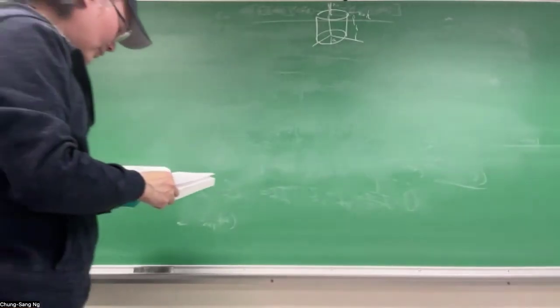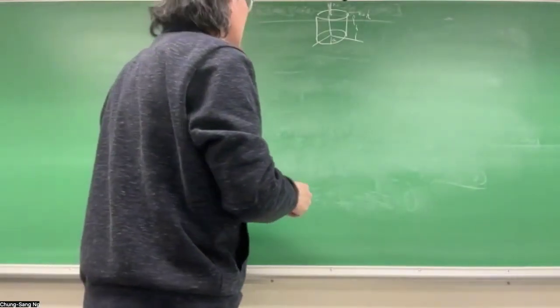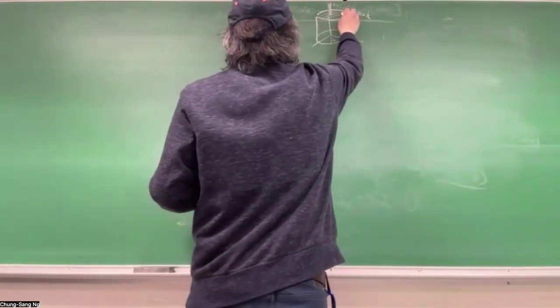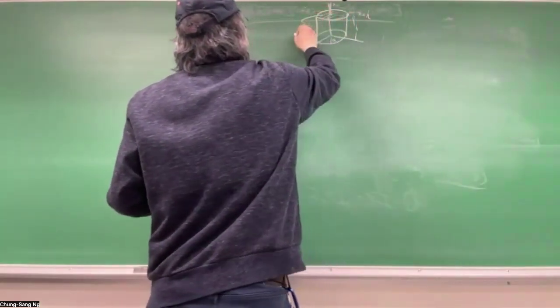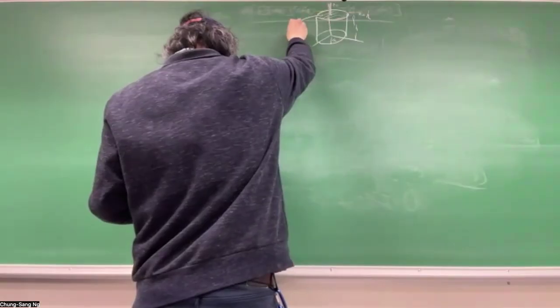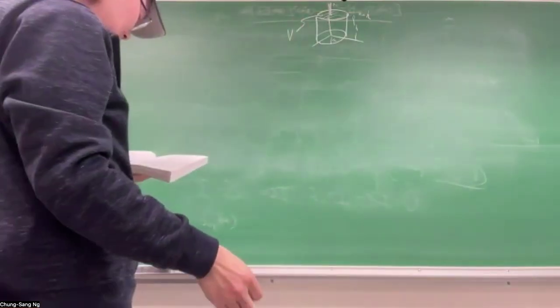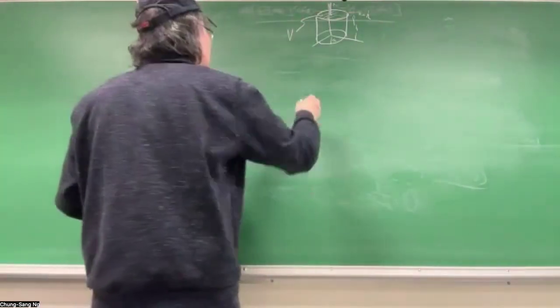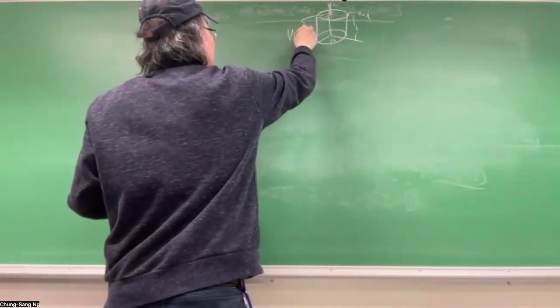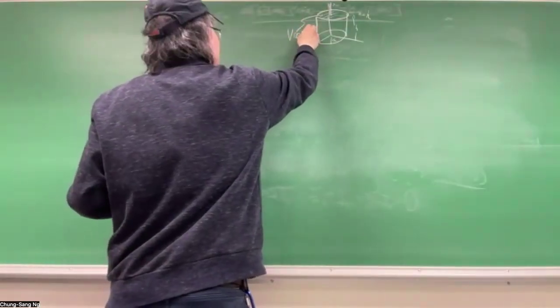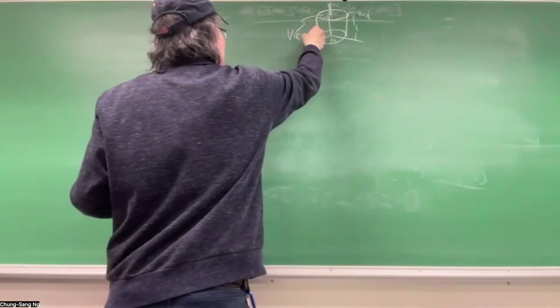And then the boundary value problem is that the top surface has a fixed applied voltage V. That could be a function of rho and azimuthal angle phi.